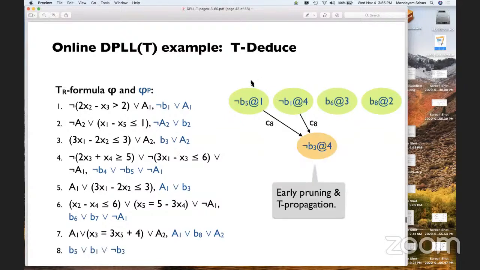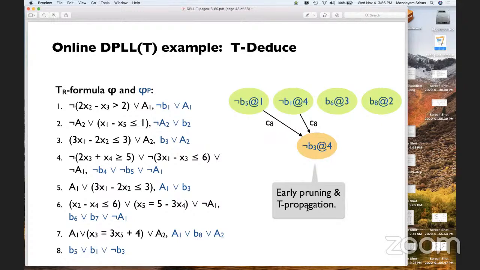One of the things you need is to check whether you can infer some other theory literal, in this case arithmetic atomic formulas that occur in the original formula you're trying to solve. If you can infer any of those, that is what is called theory propagation.